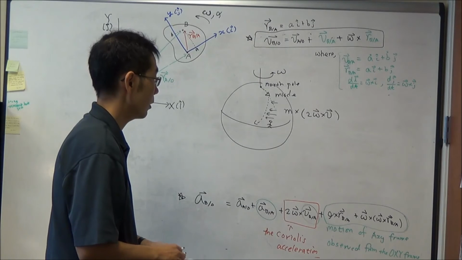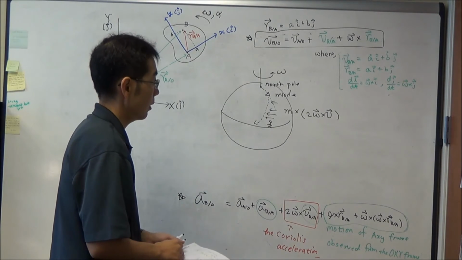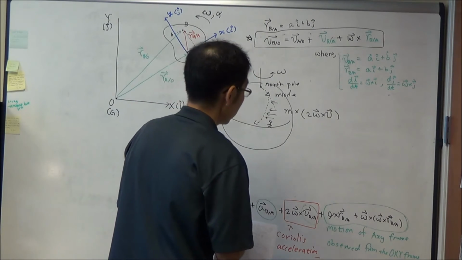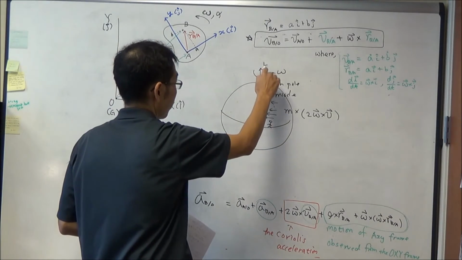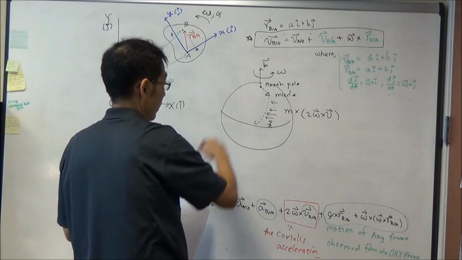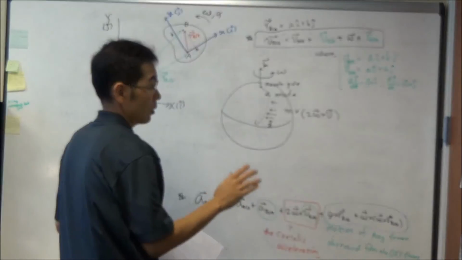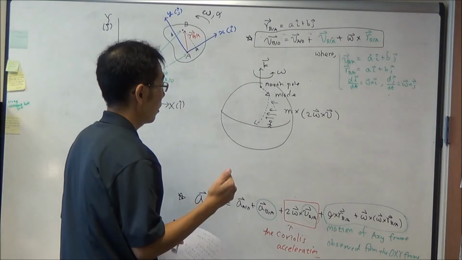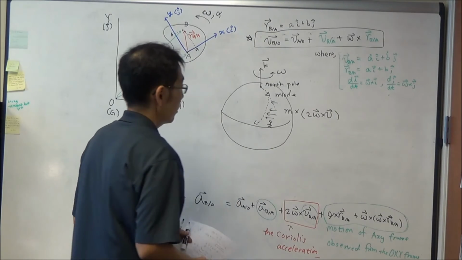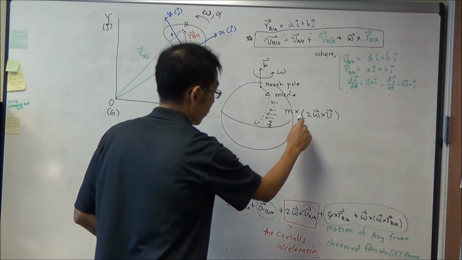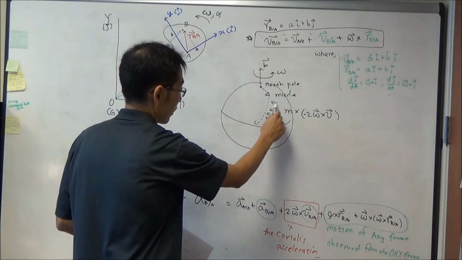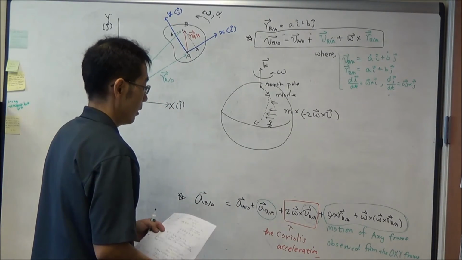The direction will be negative, because omega is up, and the velocity is going this way. So if you just use the right hand rule, we need to put the negative here to accelerate on the left side.